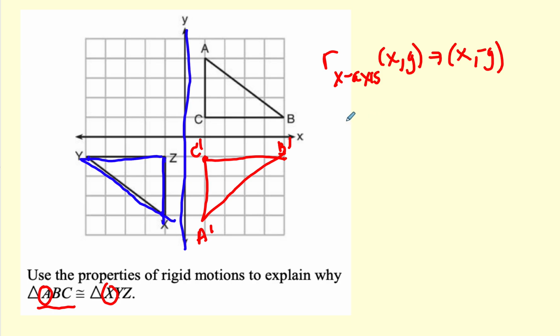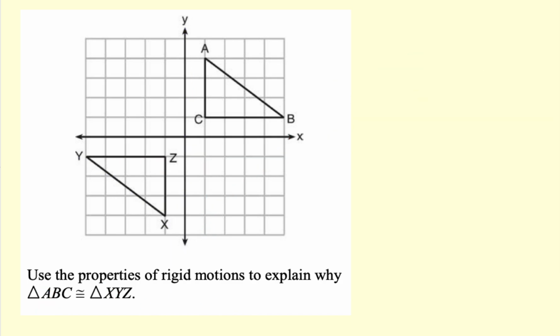And what I've just done is a reflection over the y-axis. I took all the points on the red triangle and mapped them onto this. Now that I have seen these rigid motions take place, I know the triangles are congruent.